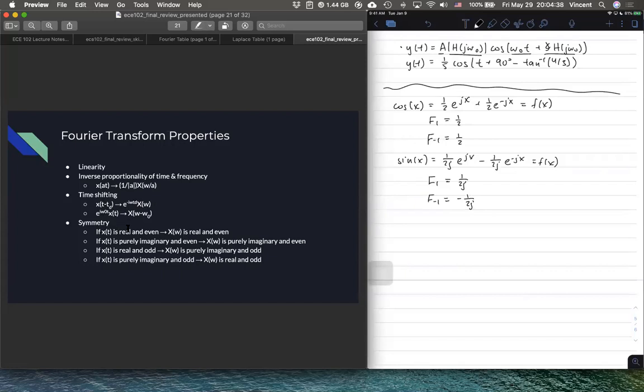There are also some symmetry properties which are similar to the ones we talked about earlier. I'm not gonna go through these. Just make sure you have these on your cheat sheet or notes, because it's really easy to make true, false, or multiple choice questions out of these. They'll give you a signal and ask which of these is true, like it's real, it's even, etc.